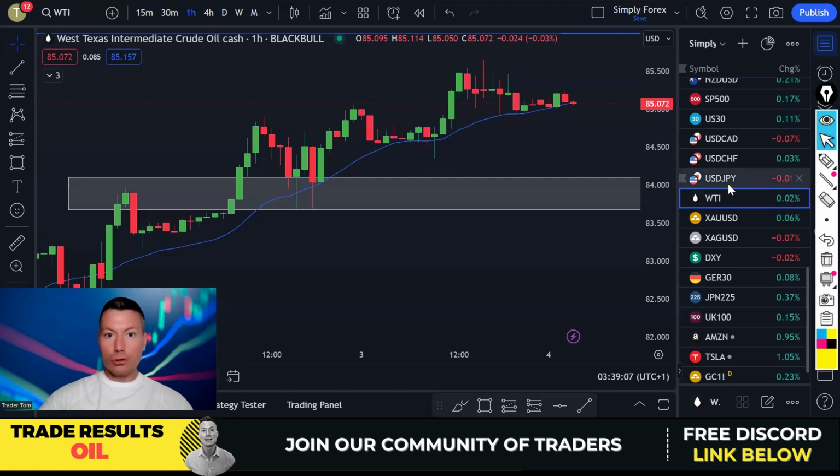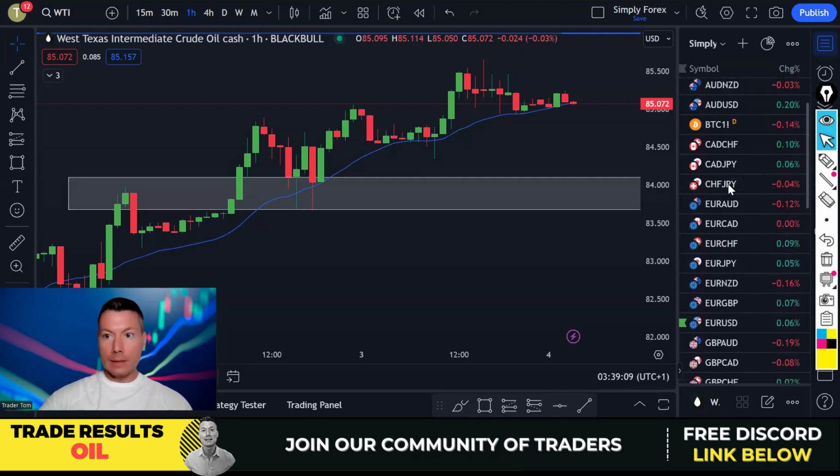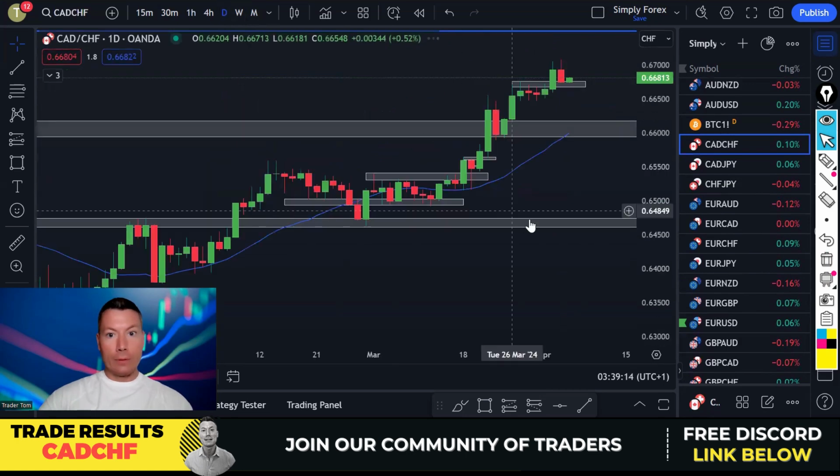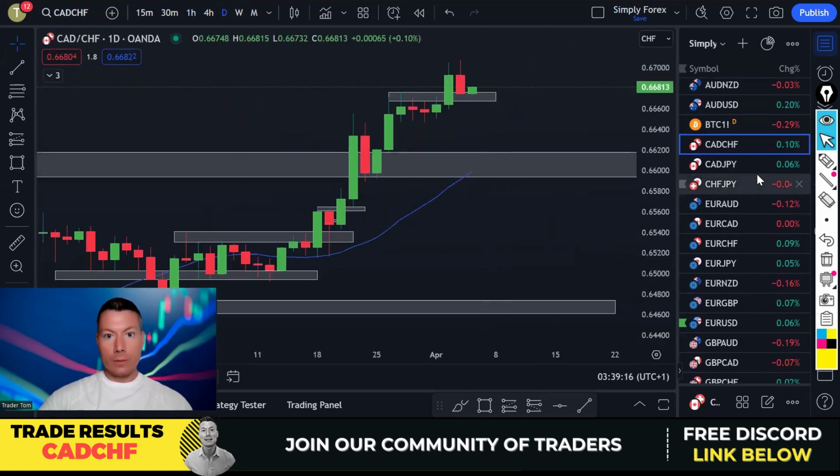And the last trade from yesterday was this Canadian dollar against the Swiss franc. We look at the day chart. We were looking for buys. So why were we looking for buys? Well, we were in an uptrend. We got some consolidation. And then bang, a nice bullish strong candle breaking out of this zone.